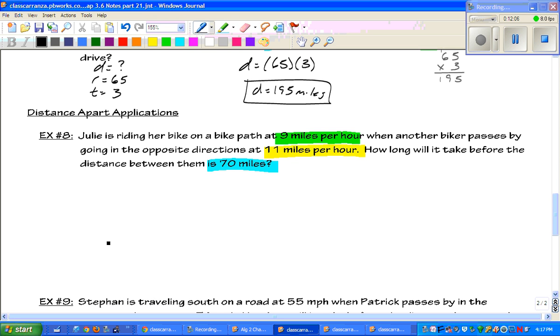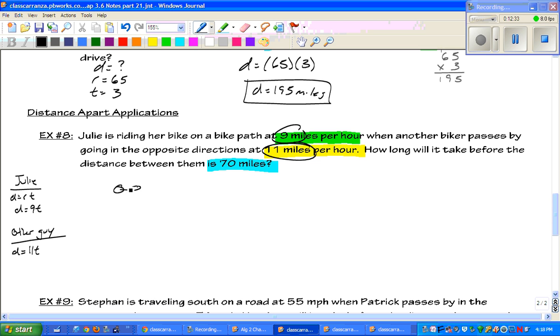All right, so we're talking about two different people, okay? We have Julie and the other guy. Now, we know the distance equals rate times time, but the only thing they're giving us is the rate. Same with this. They're only giving us the speed. We don't know what the time is, okay?